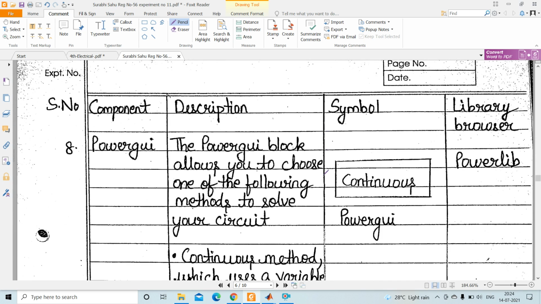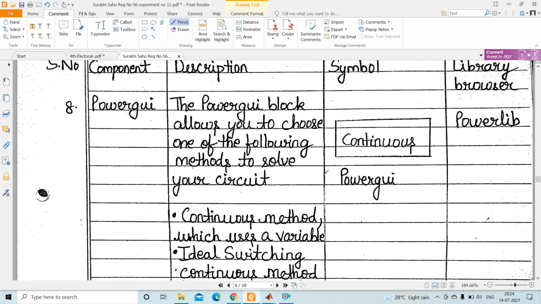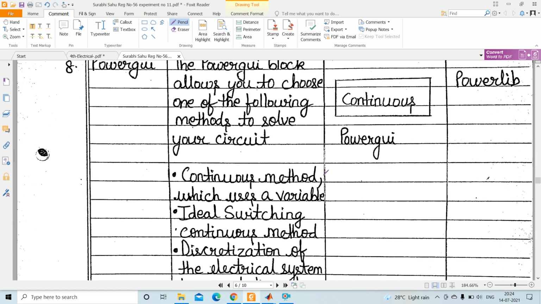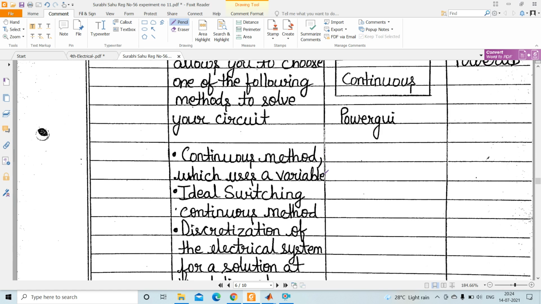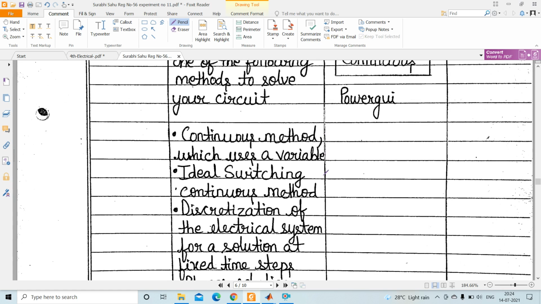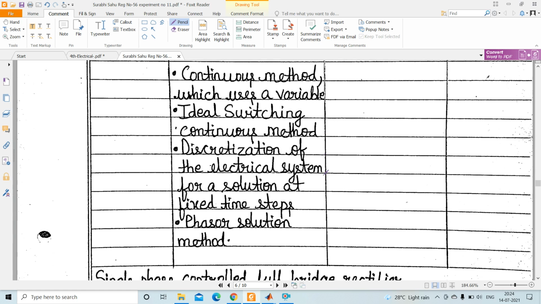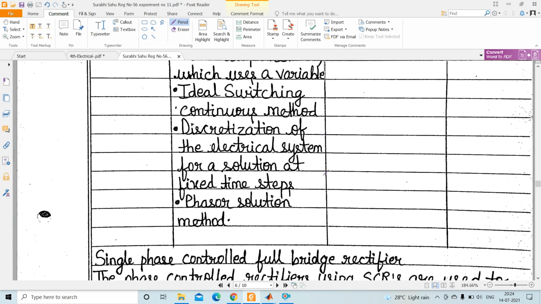simulation window, and the last one is the power GUI. The power GUI block allows you to choose one of the following methods to solve your circuit: continuous method, which uses a variable-step solver; ideal switching continuous method; discretization of the electrical system for a solution at fixed time steps; and phasor solution method.